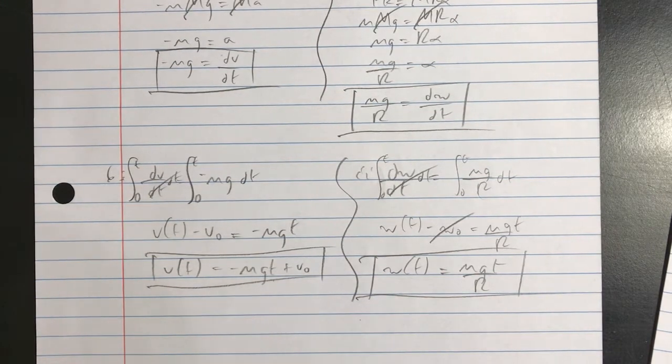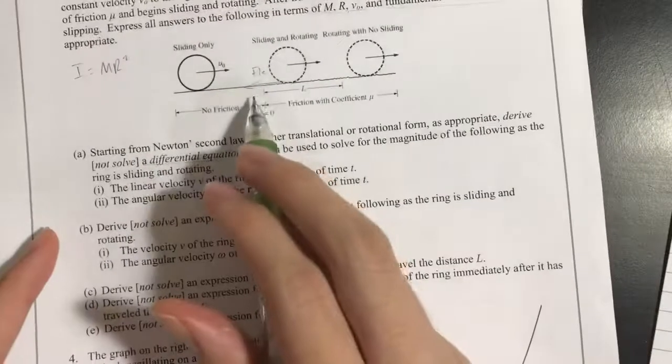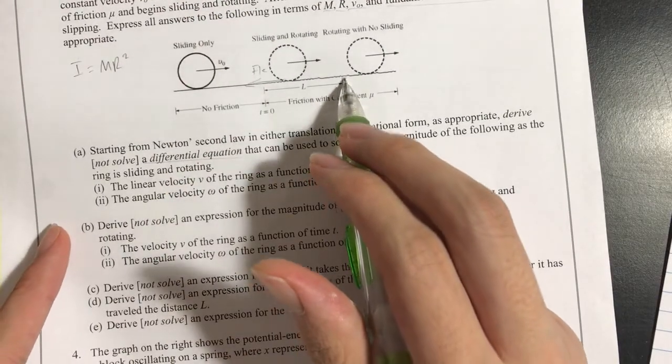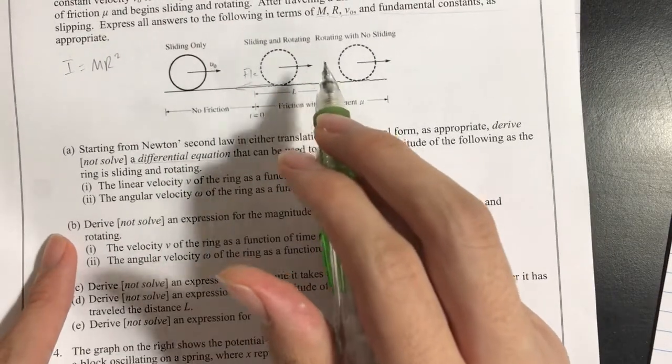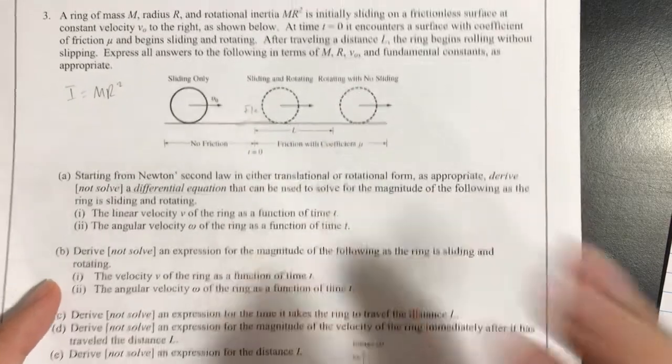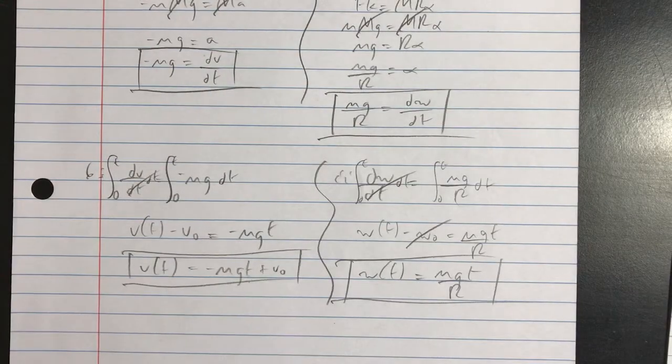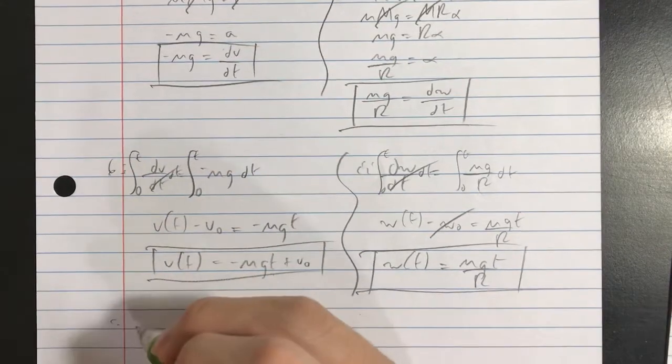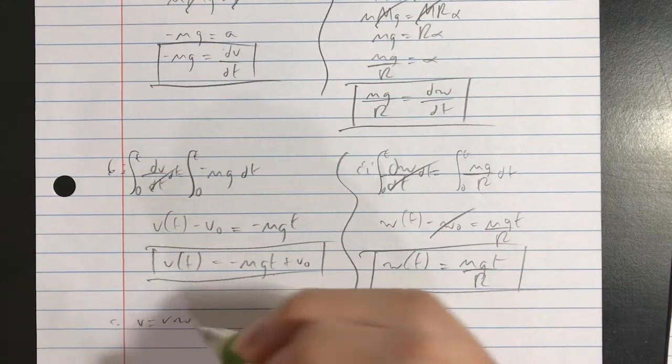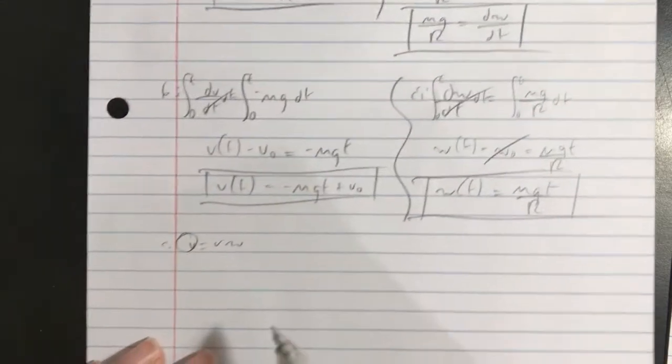After a distance of L, which is where we're trying to find our time, from t equals 0 to the end, at this point there is no more sliding, just rotating. Therefore, there is no more linear velocity. There is just angular velocity. And therefore, we can use v equals r omega to find our v.